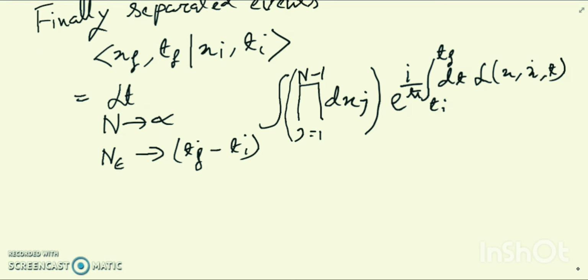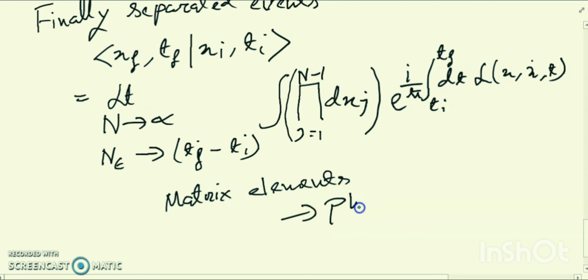So write the matrix elements in terms of the phase, where the action is sitting. Then these two points must be infinitesimally close to each other.